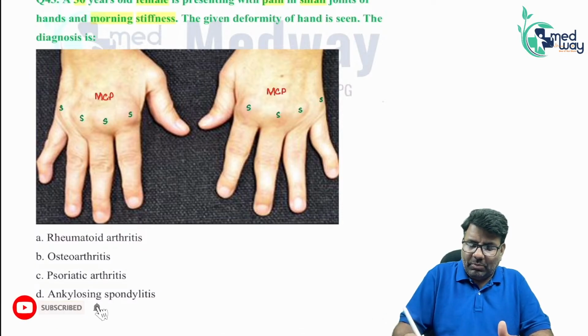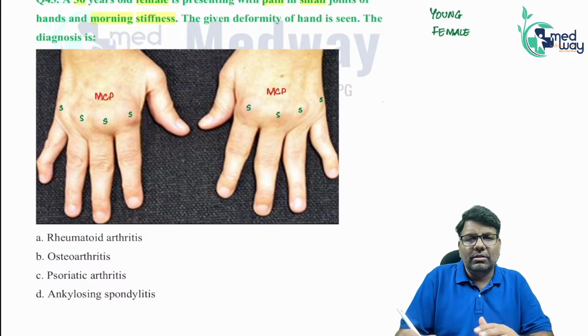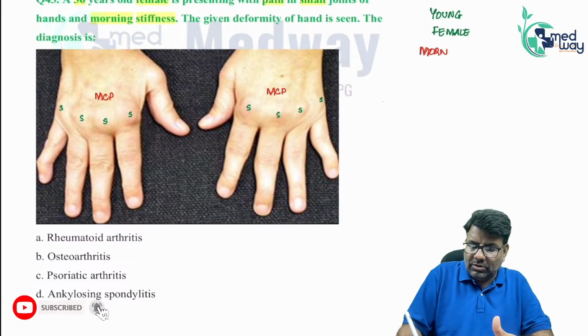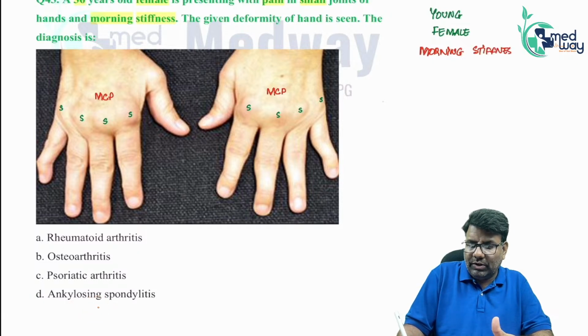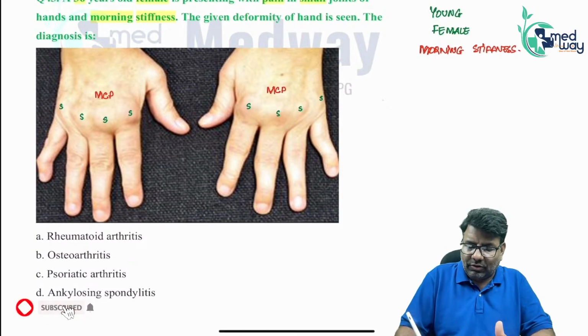So one of the important clues is young female. Then morning stiffness, meaning when she gets up in the morning, you'll find it very hard to move the fingers. And third, it is involving small joints of the hand.